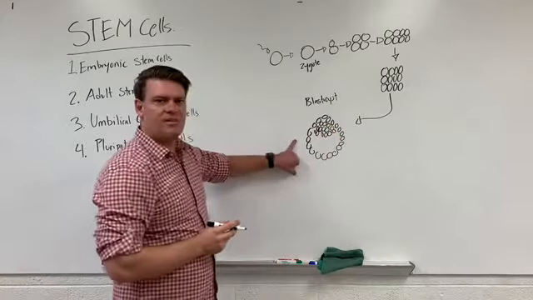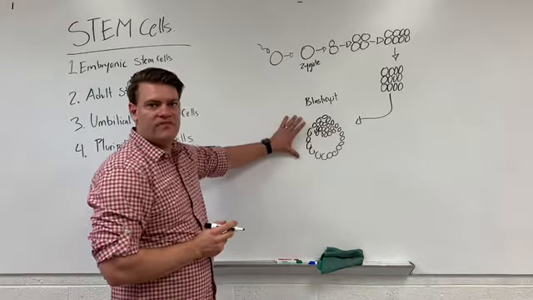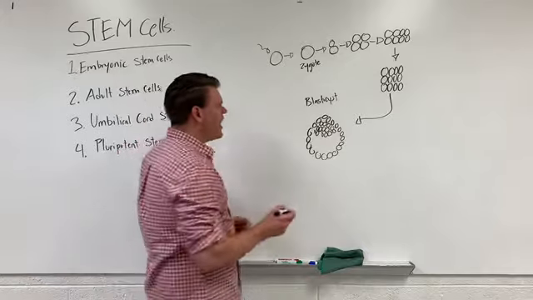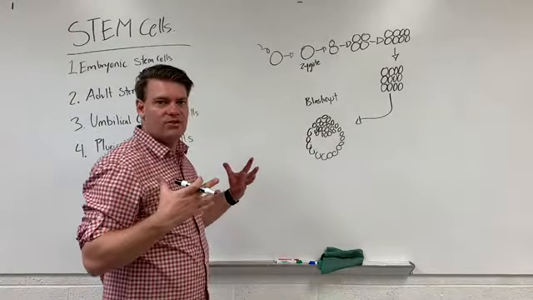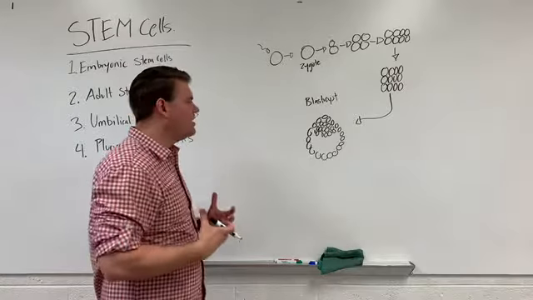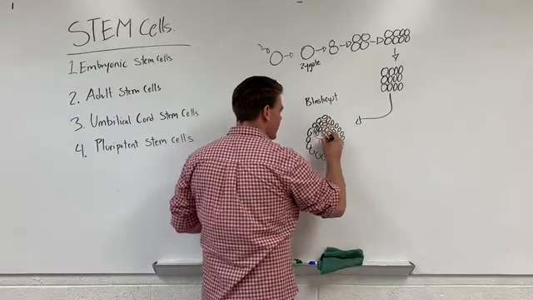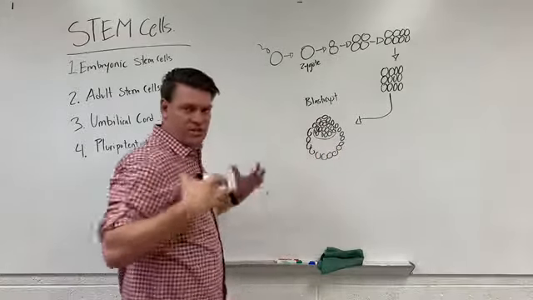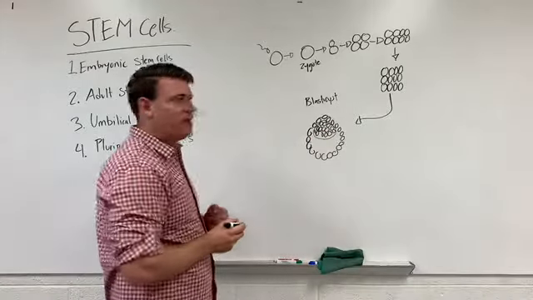All right, so this is a blastocyst, and a blastocyst is going to be the early development of your fetus, right? So what happens is all these cells on the outside are eventually going to be turning into the outer parts of the body of that infant. But all the cells that are on the inside, so these ones are all differentiated, because they're going to be the outer side of the body, but these ones are all still regular stem cells.